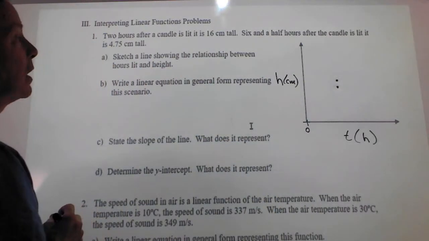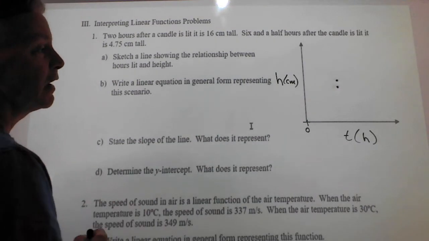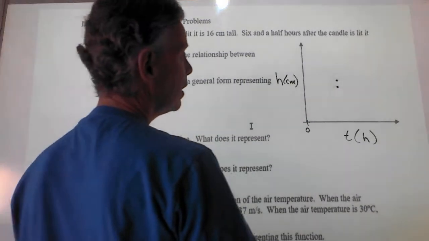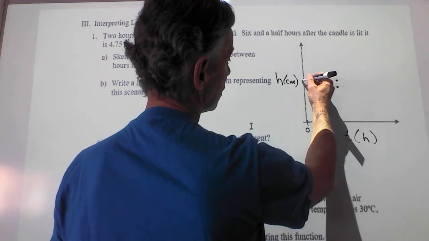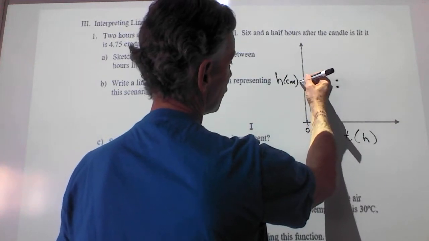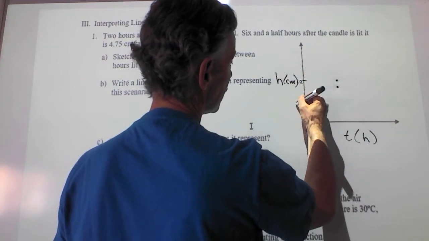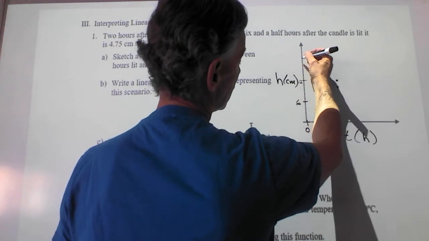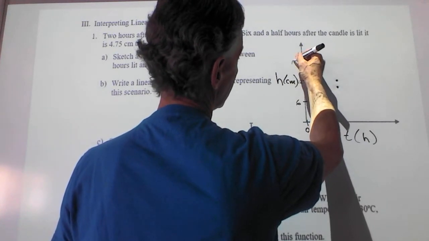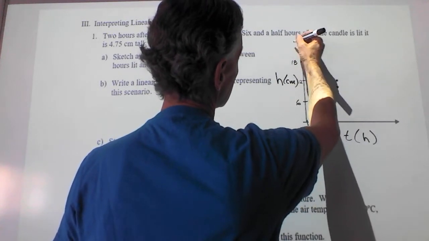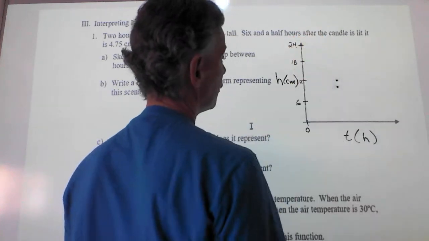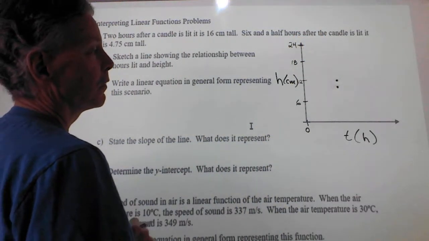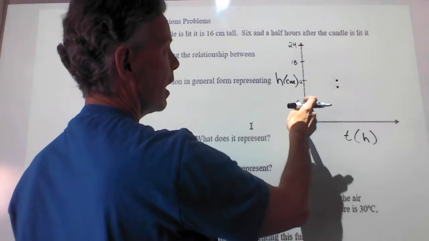So let's say we'll take it up to 24, okay? So we'll say halfway up is 12, 6, 18, 24.